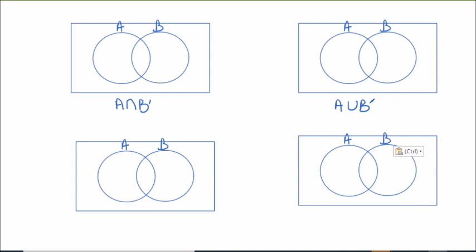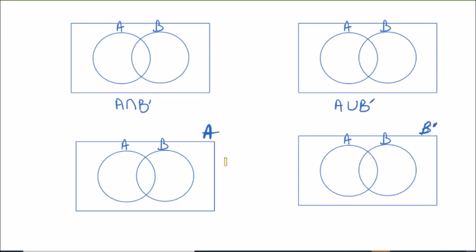Now let's consider these two scenarios where we have A intersect B dash and A union B dash, or A intersect the complement of B and A union the complement of B. How could I explain it to you so you can totally visualize it? We're going to have a look at representing A in this Venn diagram here, and we're going to represent B dash in this Venn diagram here by coloring it in.